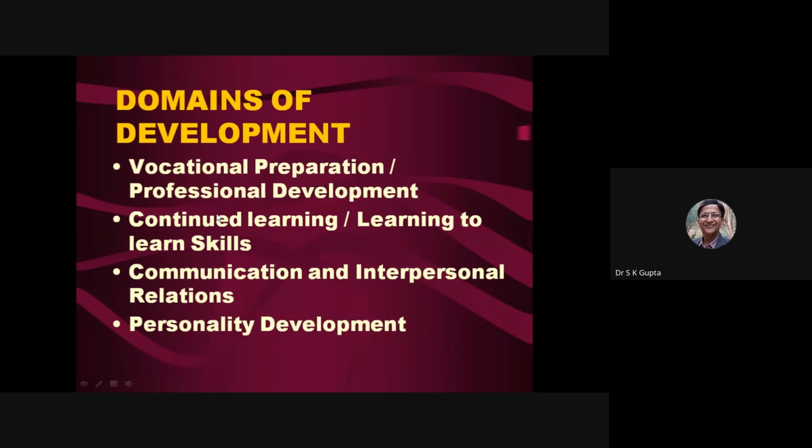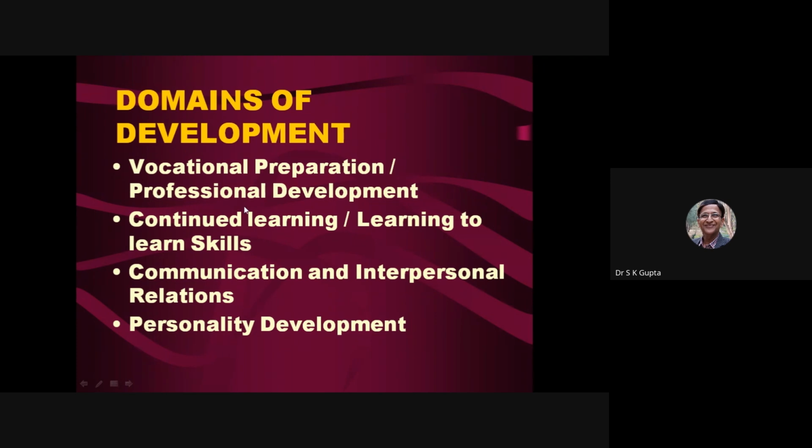When we talk about the domains of development, 80 to 85% of our time should be devoted to vocational preparation, meaning we are developing the competencies in the students in the related field. What we also have to develop in our students: learning to learn skills, communication skills, interpersonal relations, universal human values, personality development. So these are your hard skills.